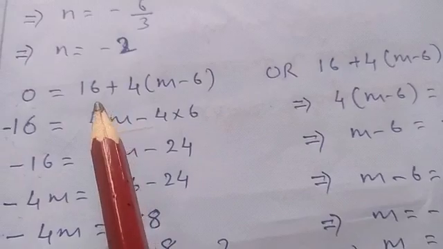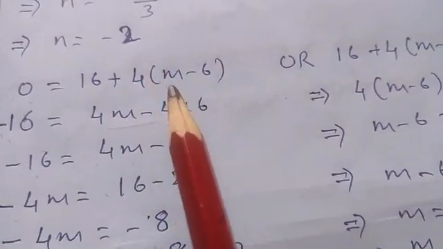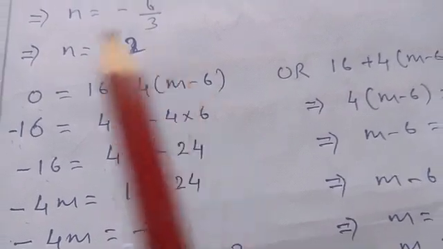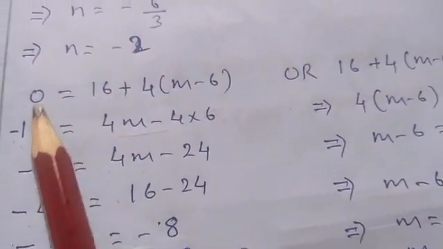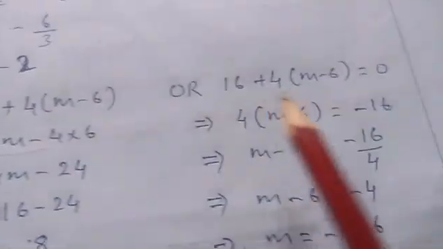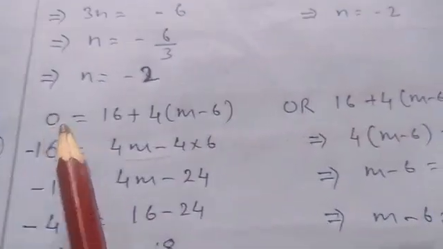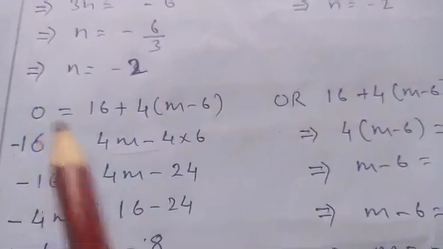Whenever you shift everything, all the numbers, from left hand side to right hand side and then again shift back, there is no need to change the sign. The meaning is the same. Clear? You write this is equal to this or this is equal to this, the meaning is the same.